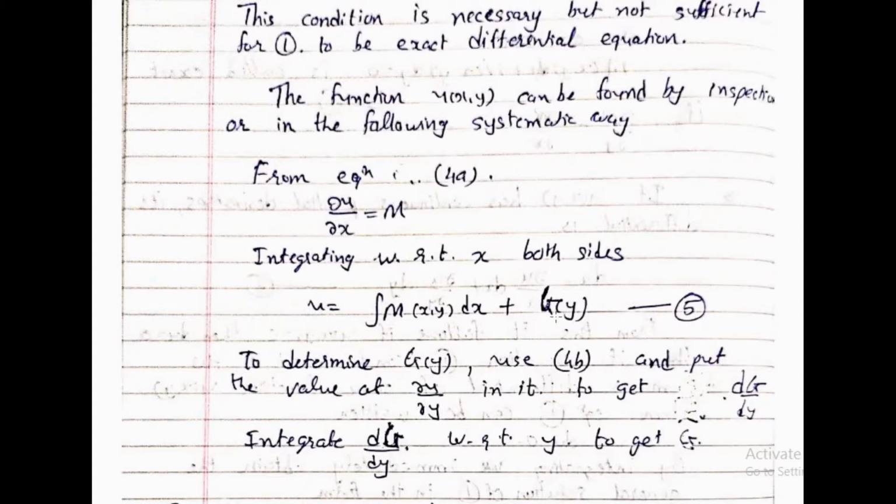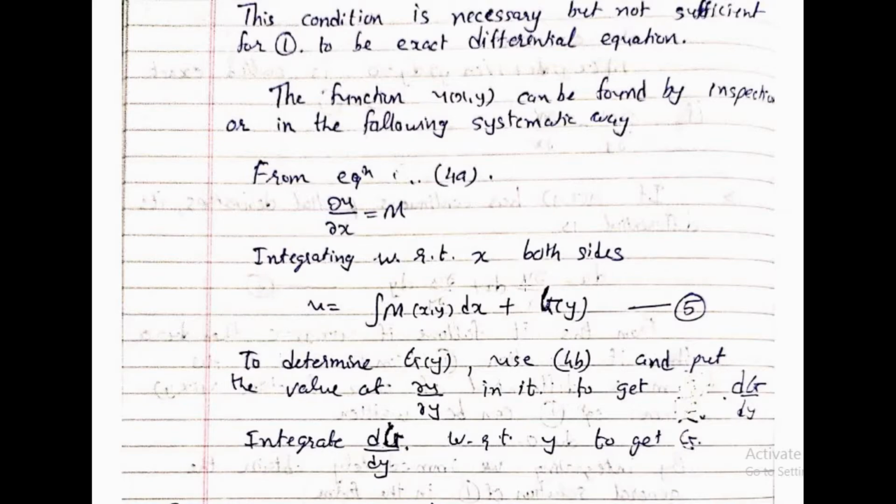Now to find the value of g(y), we are going to use the second equation. Put the value of ∂u/∂y into the second equation. That means differentiate this with respect to y and put it in the second one.